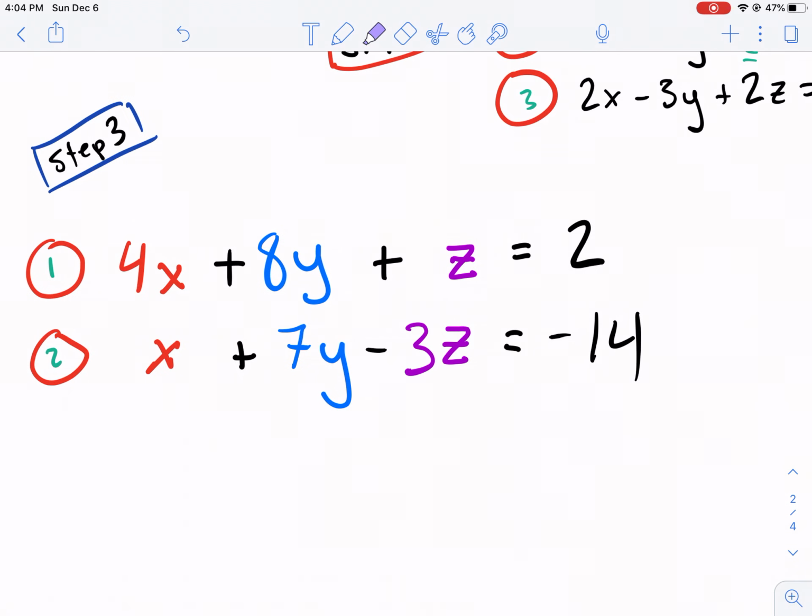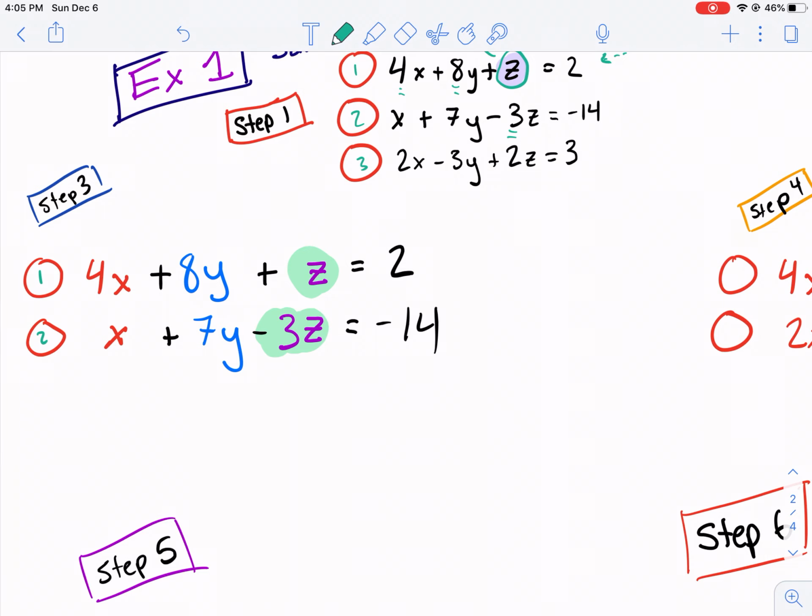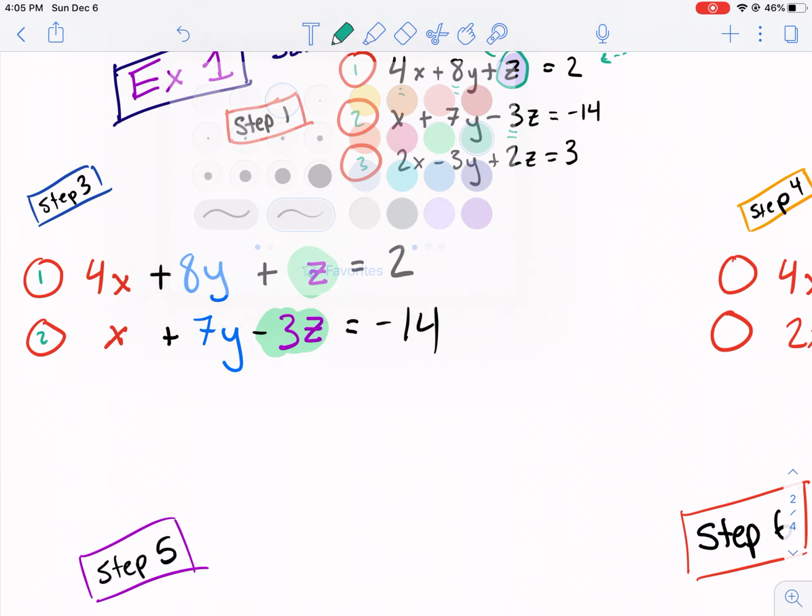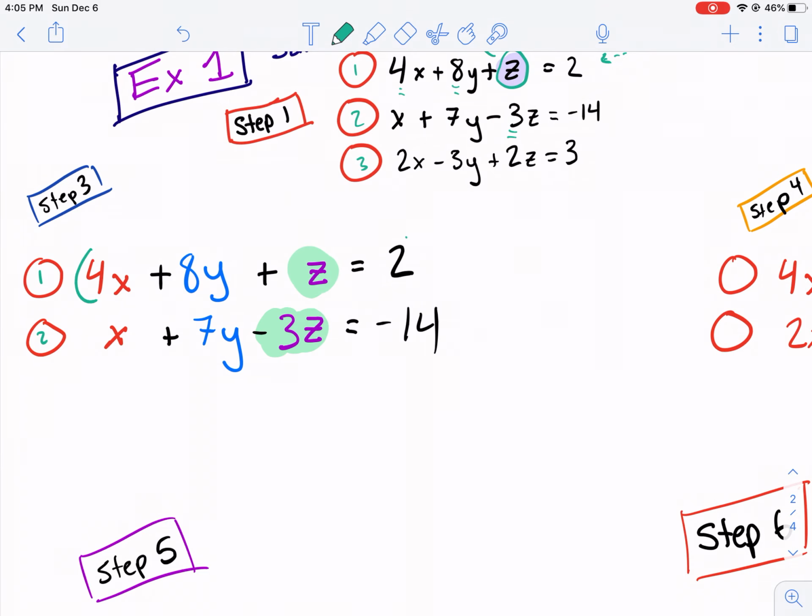So we have z with a coefficient of 1, and we have this one, which is -3. It would be great if it was a -3z and a +3z. It's not, but lucky for us, 1 is a factor of -3. So we're going to multiply this by 3, because we want the coefficients of z to be opposites.